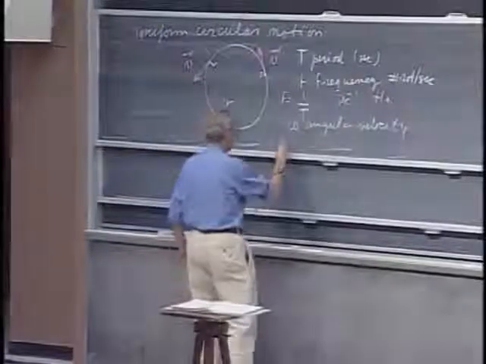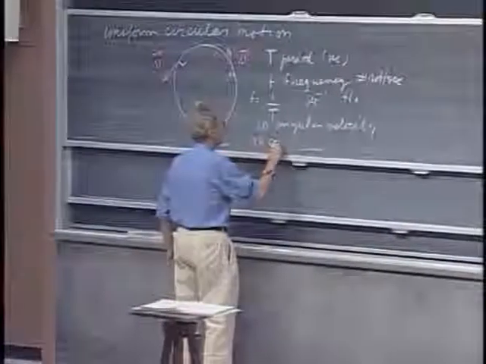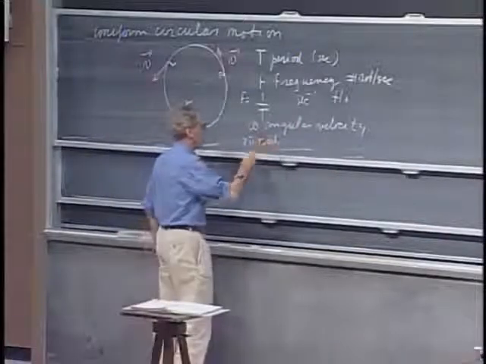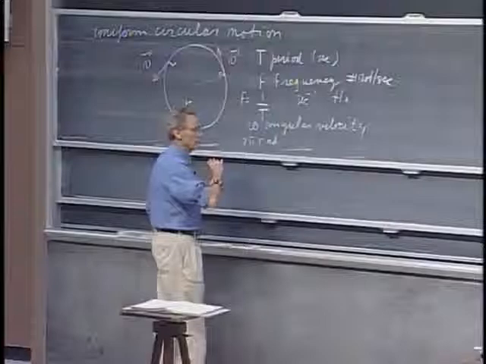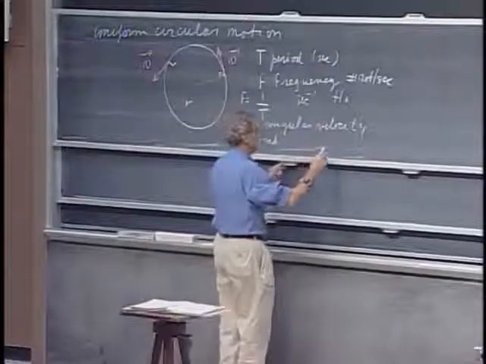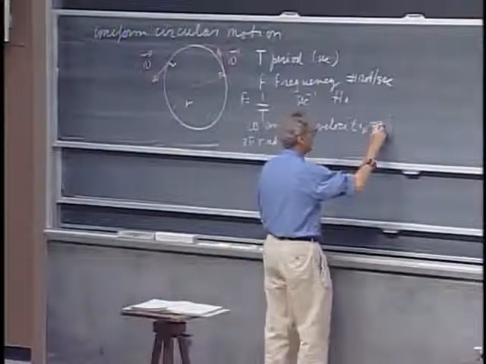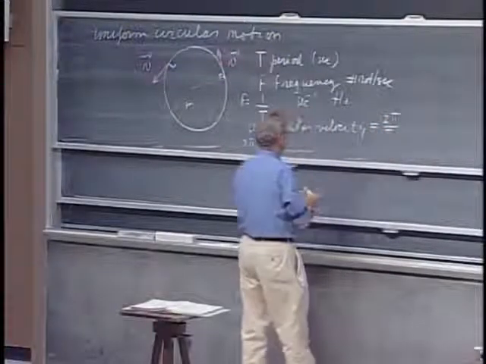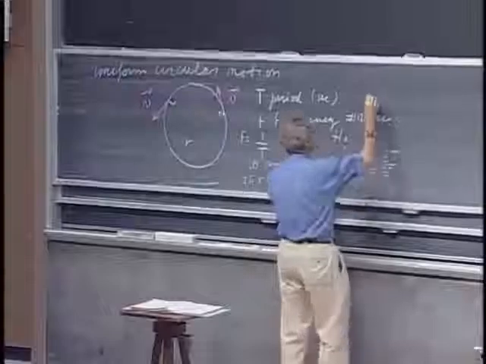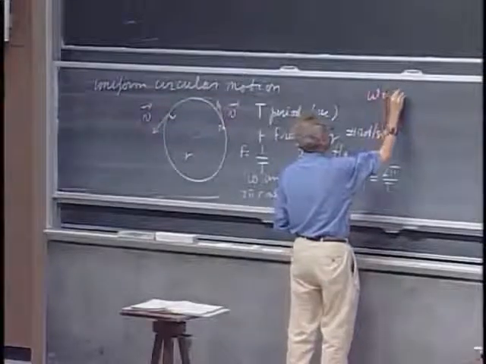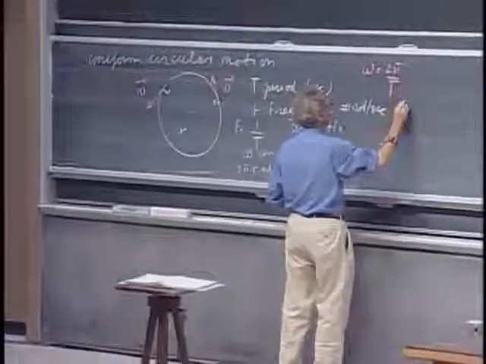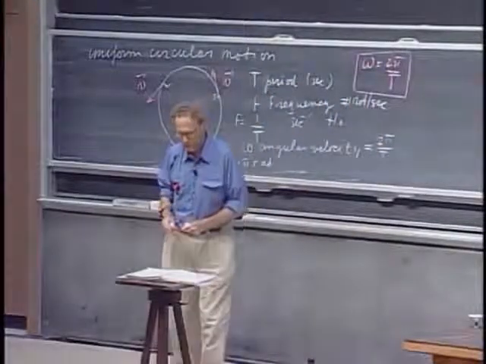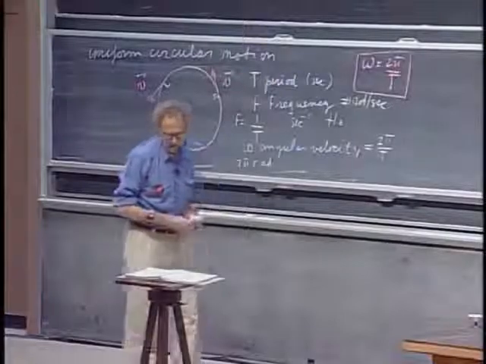Since there are 2 pi radians in one full circle, and it takes T seconds to go around once, it is immediately obvious that omega equals 2 pi divided by T. This is something that I would like you to remember. Omega equals 2 pi divided by T. 2 pi radians in capital T seconds.